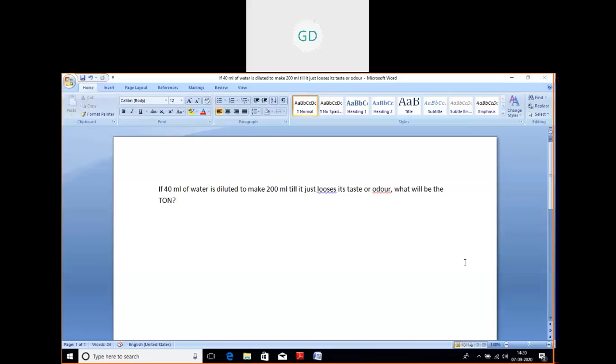Rupashri said 40.5. How did you get 40.5? Just now I have given you the formula, A plus B whole divided by A. Have you done it with that formula? Raju is correct.